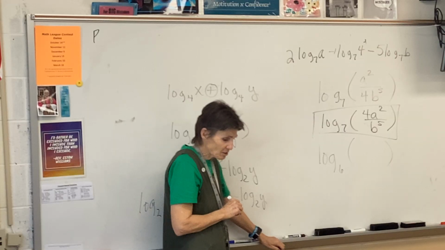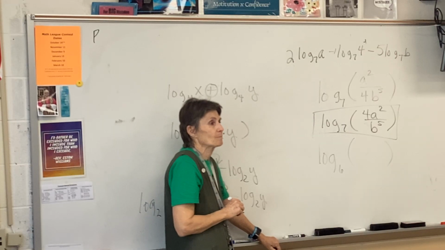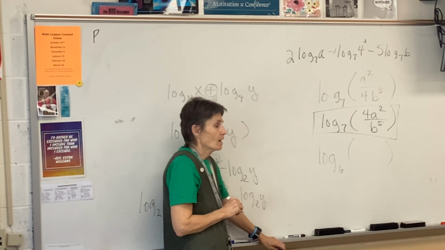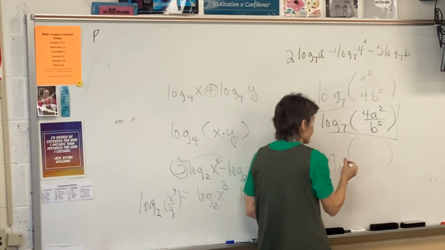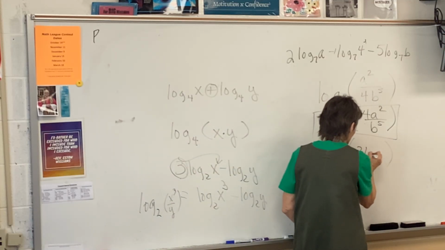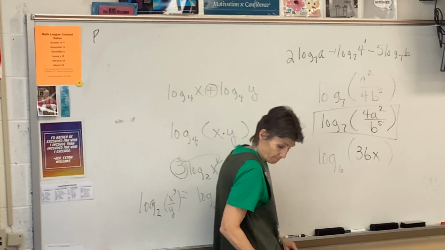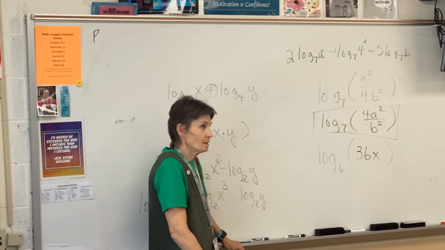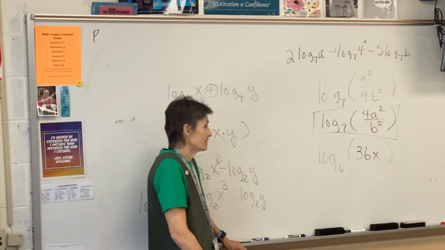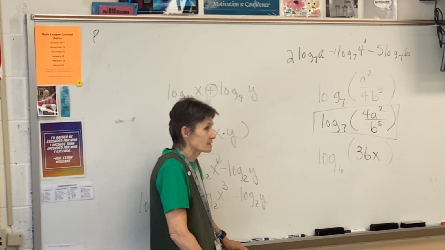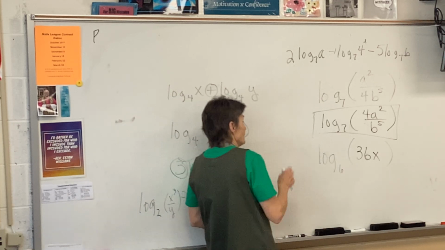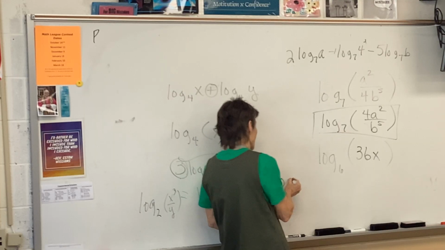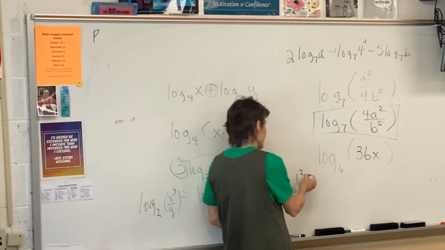What'd you do with that last one? That's kind of tricky. Whoa. I got log base 6 of 36x. I see some nods, Will. I think there's some people who agree with you, and then I think there's some people that are totally lost. Isn't 2 the log base 6 of 6 squared?